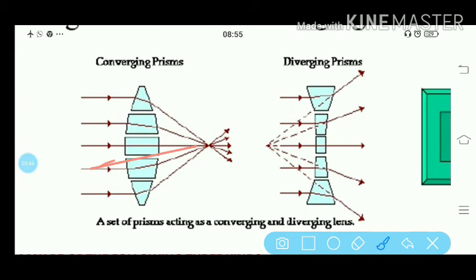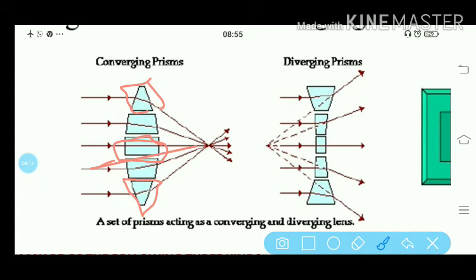At the edge, the lens is considered a part of a rectangular slab at the center and one prism on either side of the lens.